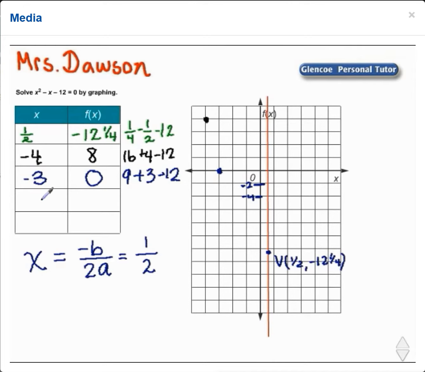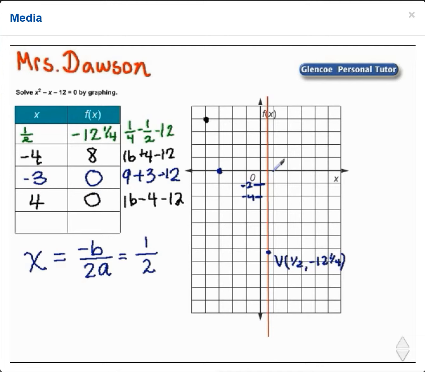How about when x is positive 4? Square 4, subtract 4, and then subtract 12. So 16 minus 4 minus 12 gives us 0.